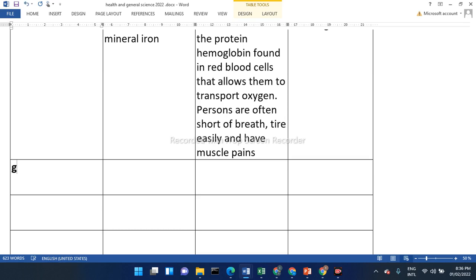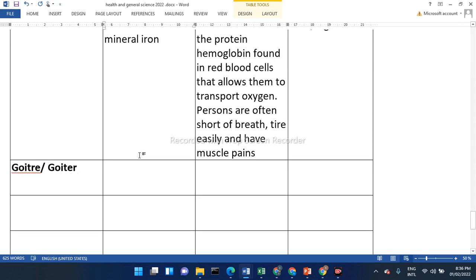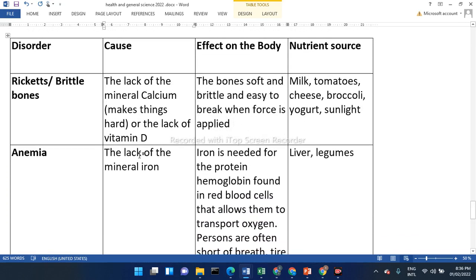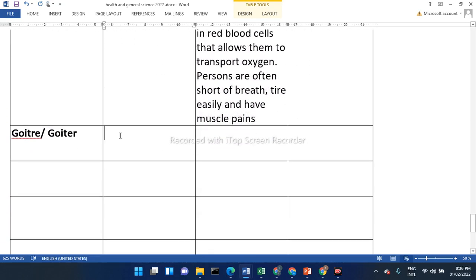Ah, that's funny though. All right, the next one is goiter, right? It's spelled two different ways. Anyone know what this is a deficiency of? Thyroid gland, but what's the mineral? Iodine.